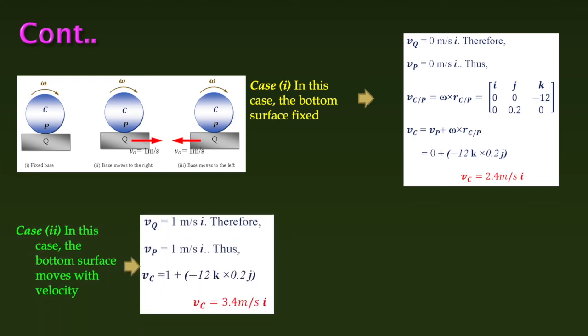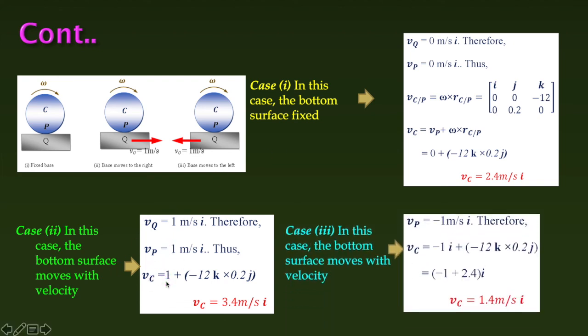So our next case, case 2. Here V_Q is not 0, rather it is moving in the i direction, the rightward direction. So substituting that we are getting this value. And in the third case, it is minus i.